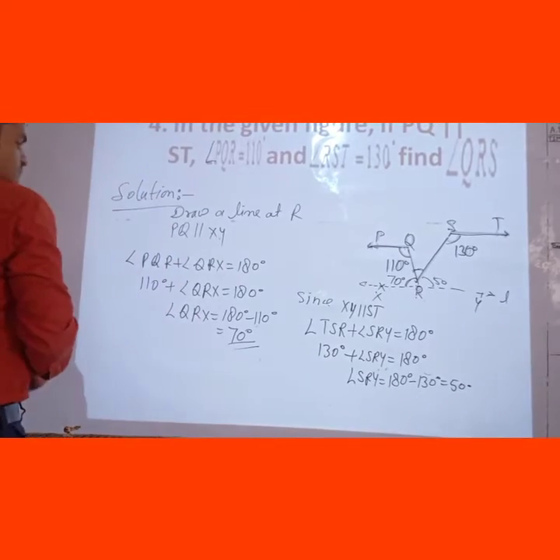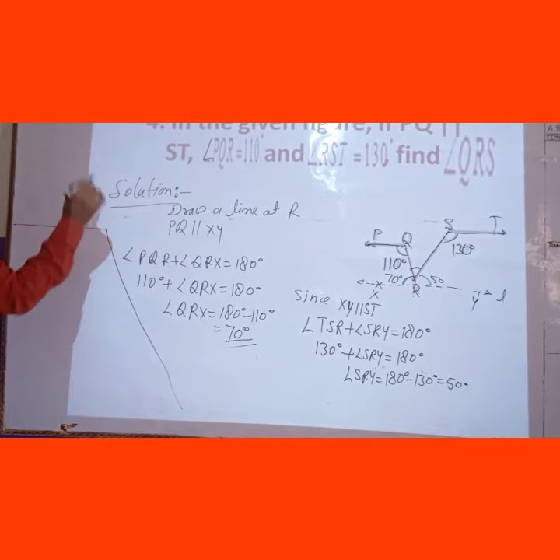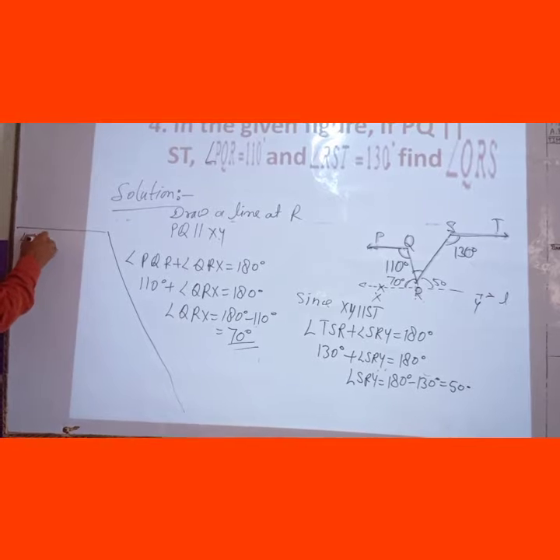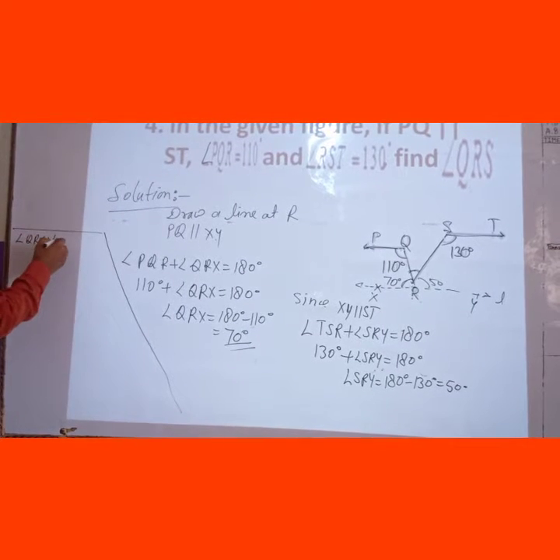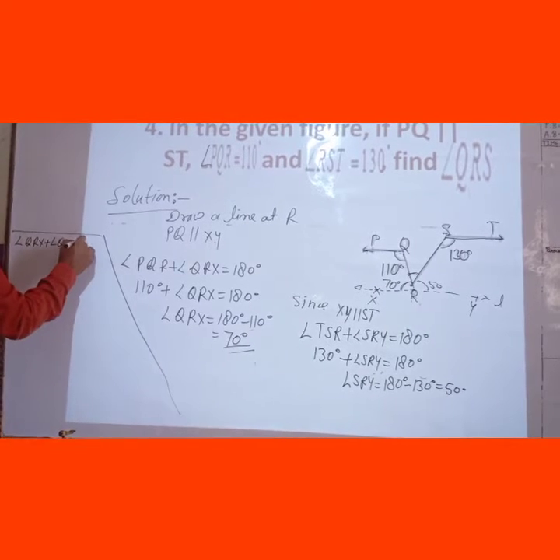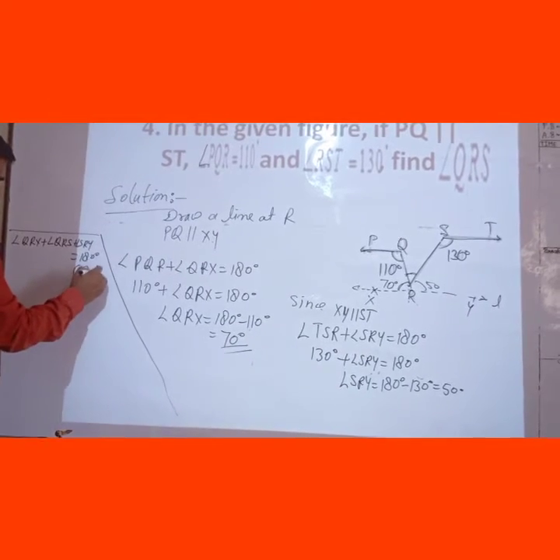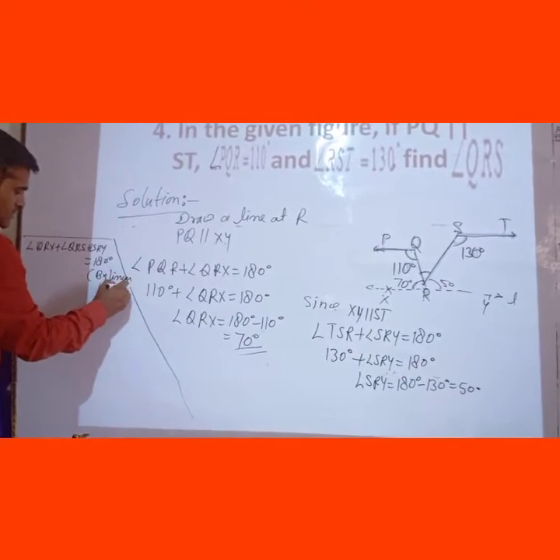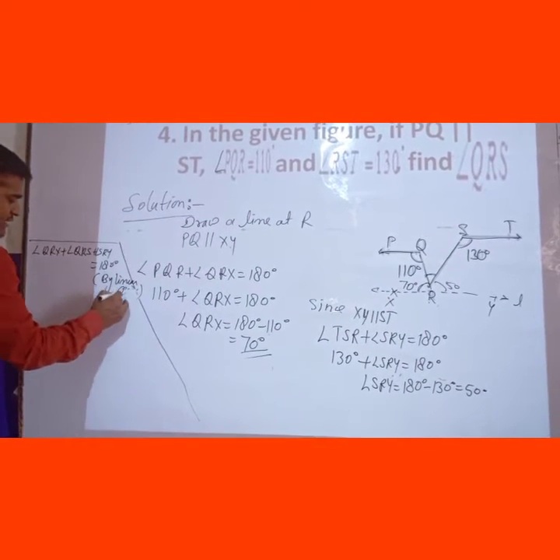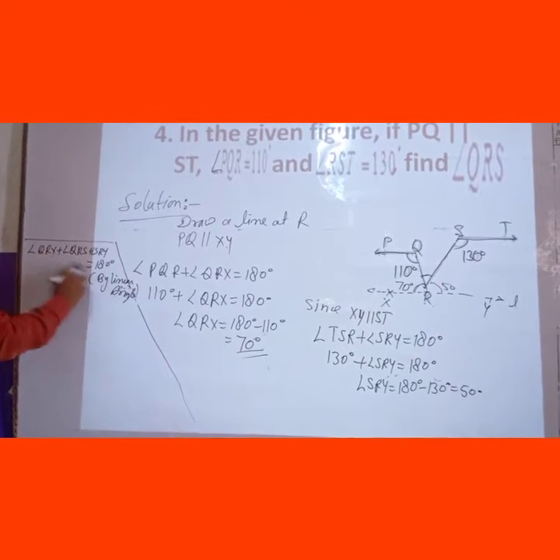So children, let's see here, angle QRX plus angle QRS plus angle SRY is equal to 180 degree by linear pair. You can write it as by linear angle at R. Okay.